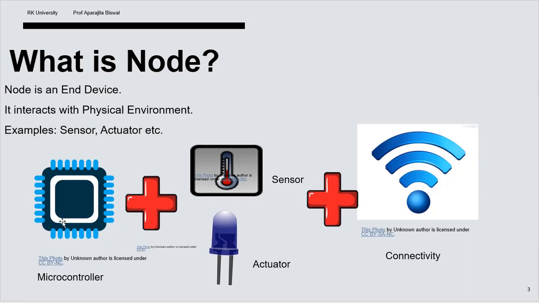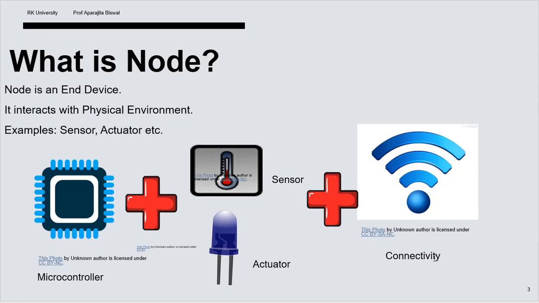Here you can see the node design. It includes the microcontroller, the sensors, the actuators, and some kind of connectivity. For designing a node, we require this minimum requirement, that is microcontroller, sensor, actuator, and connectivity.